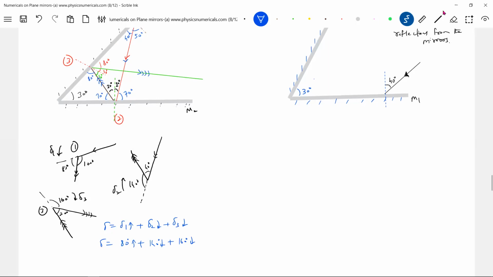So the total will be 300 minus 80 degrees. 300 minus 80, 220 degrees clockwise, or 120 degrees anti-clockwise.